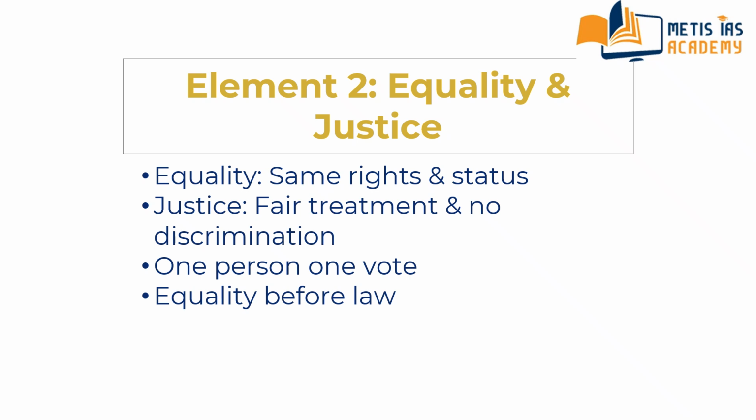NCERT gives practical indicators of equality. In practice, it means one person, one vote, equality before law, and equal access to public services. But equality alone is not enough. Democracy also requires the idea of justice.